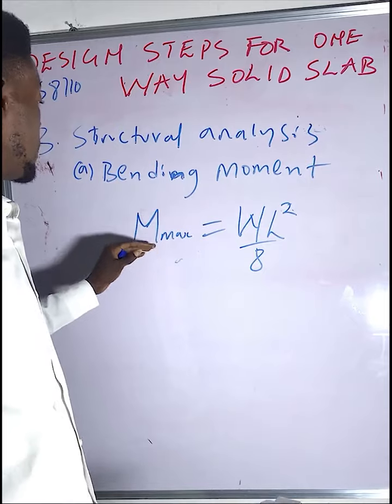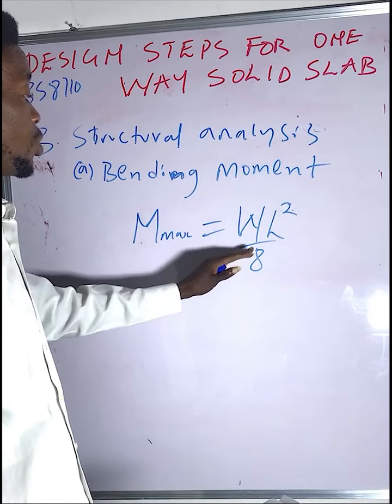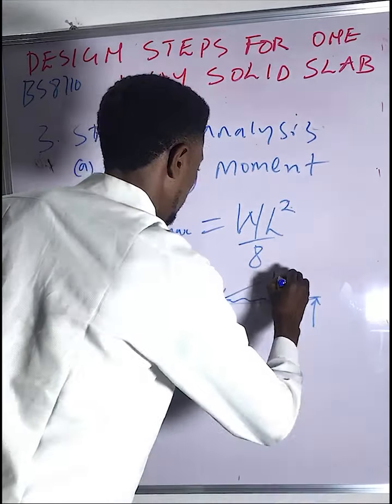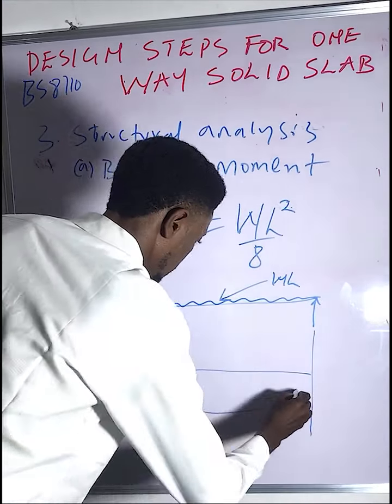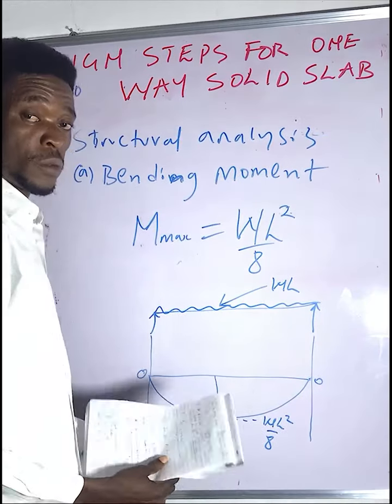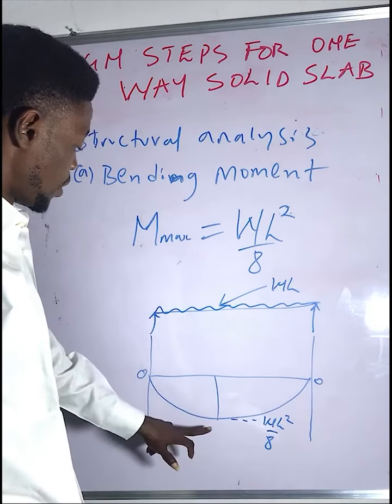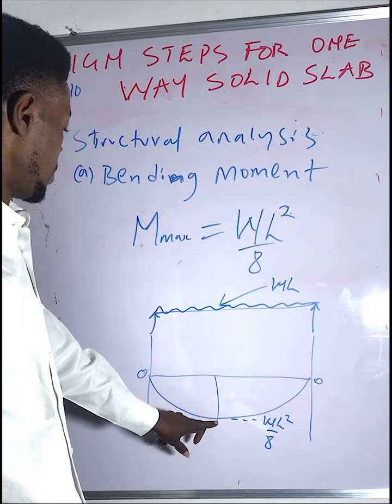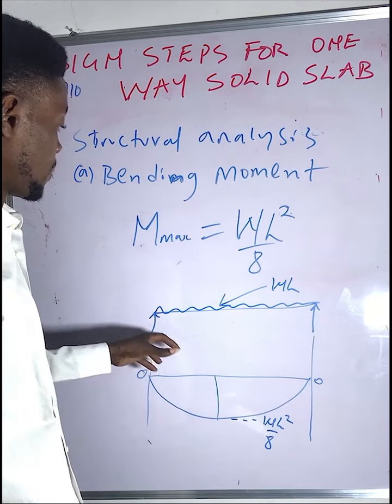This is how to get your maximum bending moment for a simply supported beam. From the free body diagram, this is where your maximum bending moment will occur for a simply supported beam.